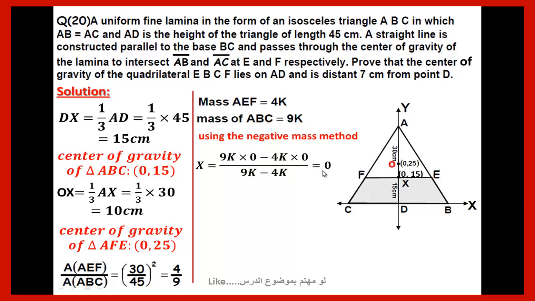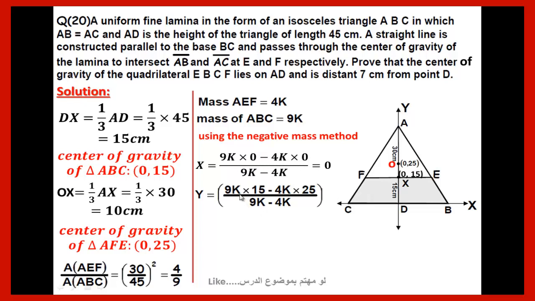So the result will be 0. And Y, the y-coordinate of the center of gravity of the quadrilateral, equals 9K multiply 15 minus 4K multiply 25 over 9K minus 4K.